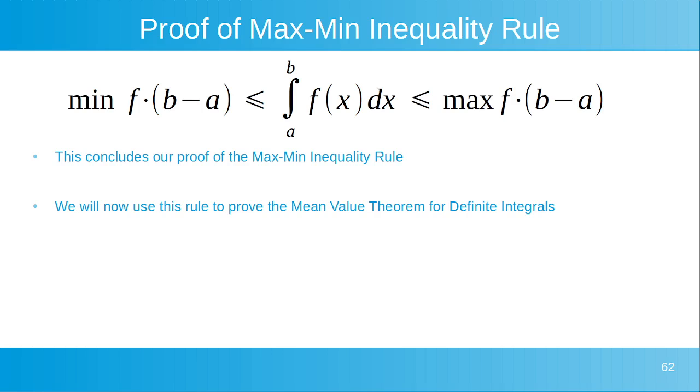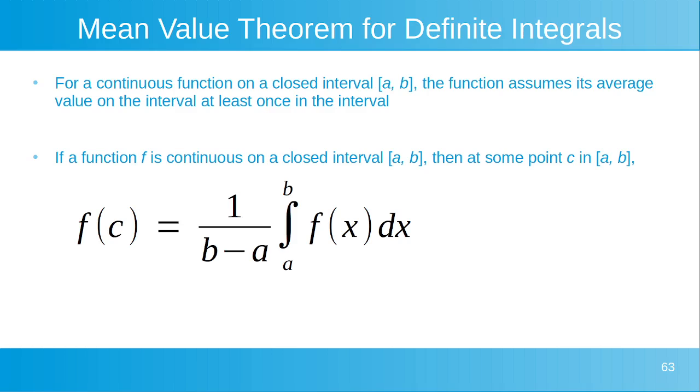We're now going to use this rule to prove the mean value theorem for definite integrals. So this is what we're going to prove. The mean value theorem for definite integrals.